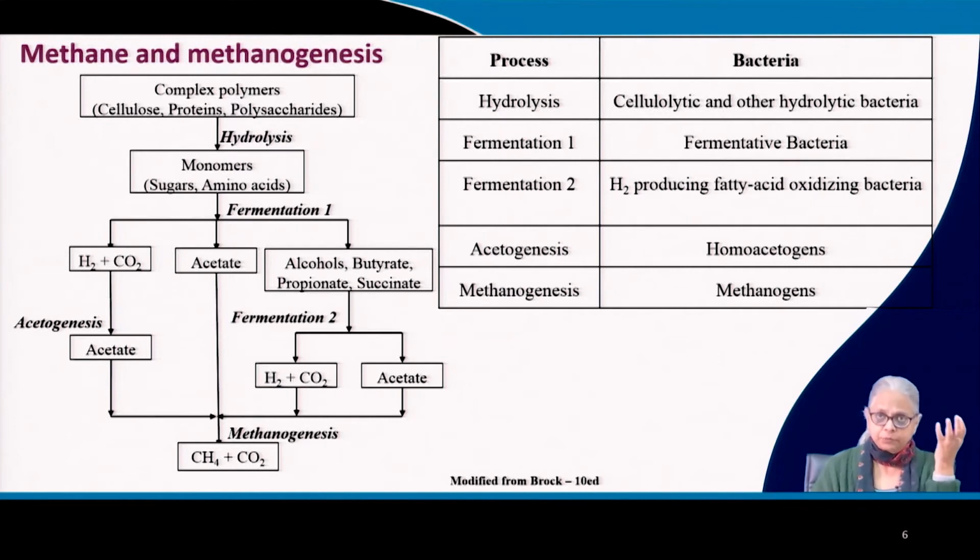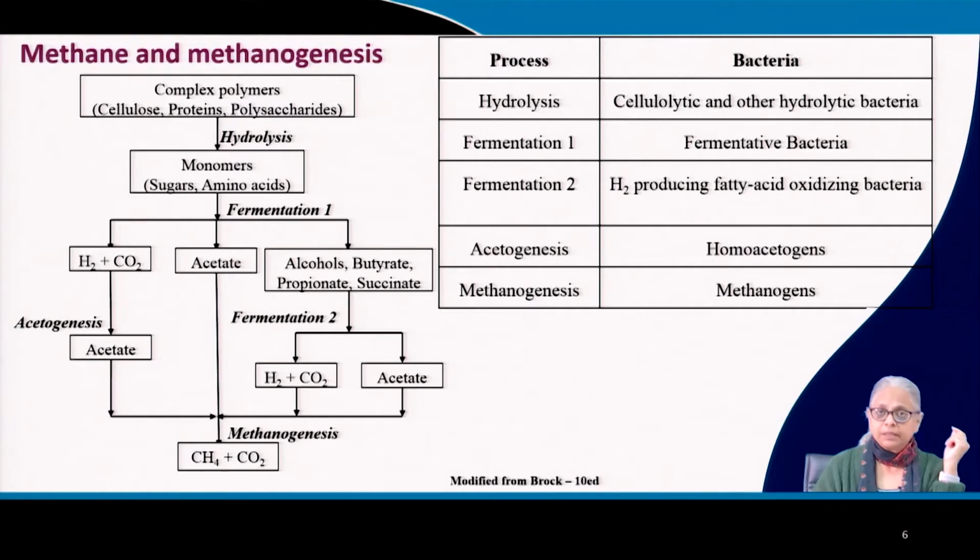So this sludge that we are taking from the aerobic process is nothing but complex polymers. This is complex organic matter: cellulose, polysaccharides, proteins, nucleic acids, all of it. The first thing that the bacteria need to do is to exude what are called extracellular enzymes. These extracellular enzymes have one job, and that is hydrolysis of the polymers to break them down into monomers.